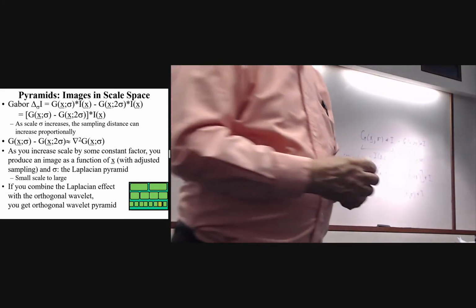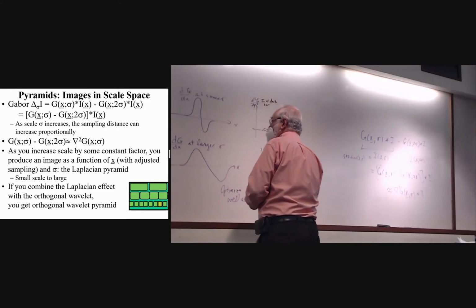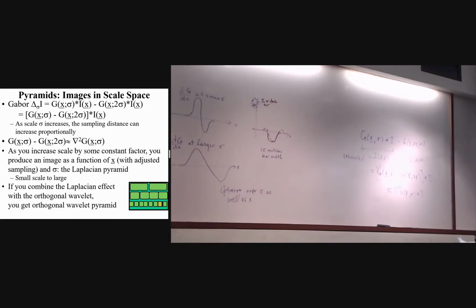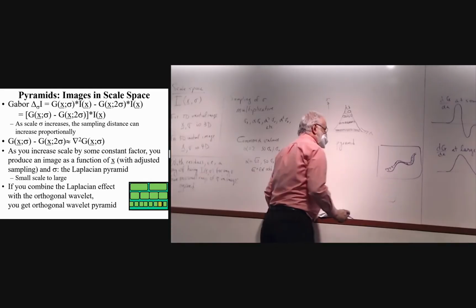So if you have a bar, for example, in the image, let's say it's thin here, then it gets wider here, and then it gets thinner again, and then it gets wider here. Okay, so we have a bar, let's say a dark bar and a light background. That's like that.